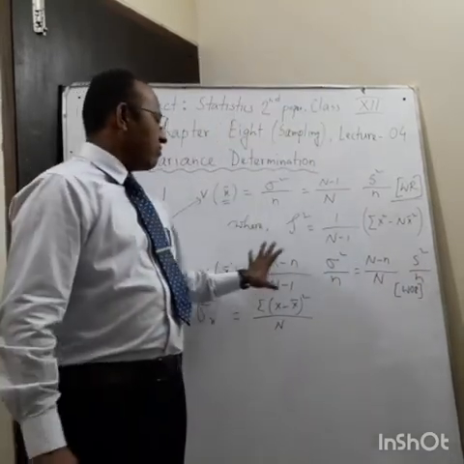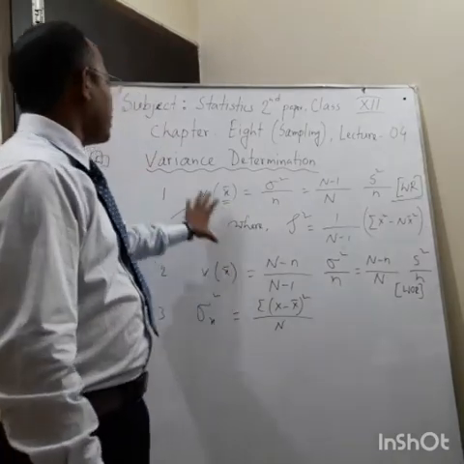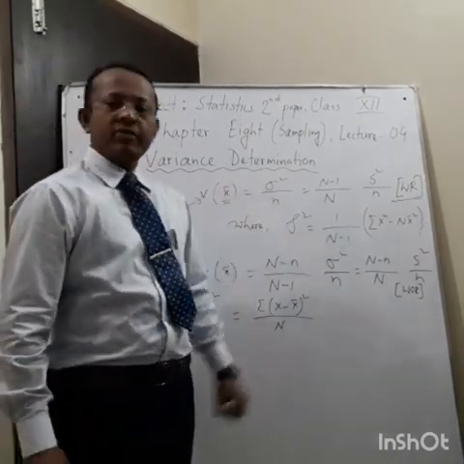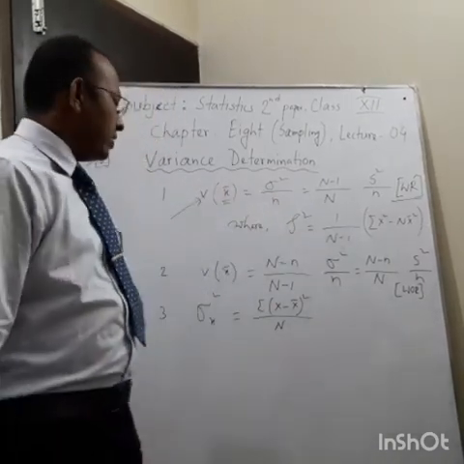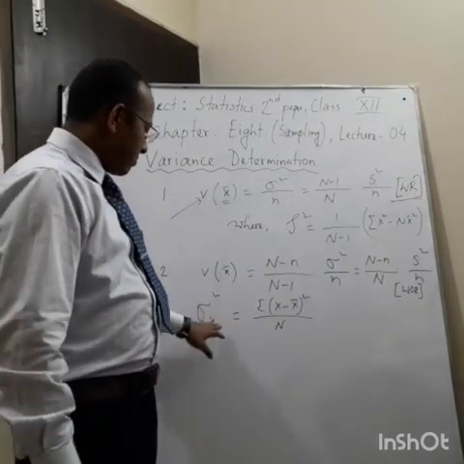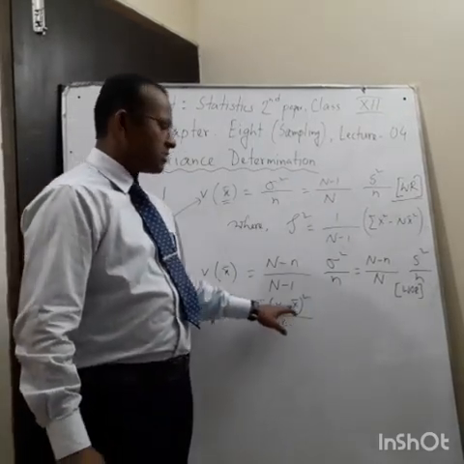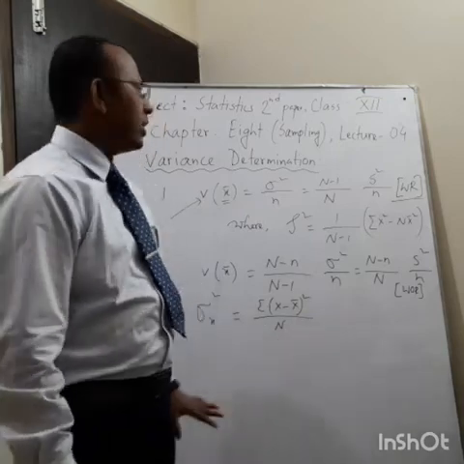So this formula is for without replacement, and this formula is for with replacement, and simply the variance of the population equals summation (x minus x bar) whole square divided by n.